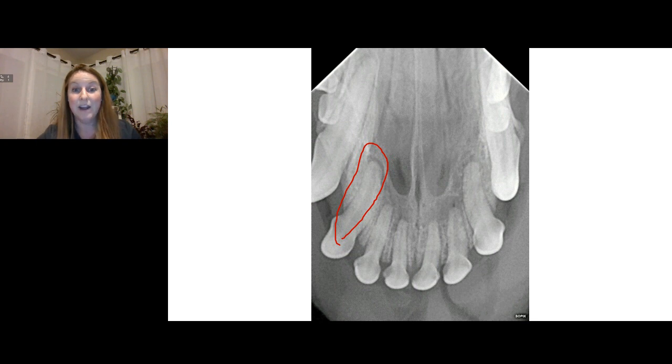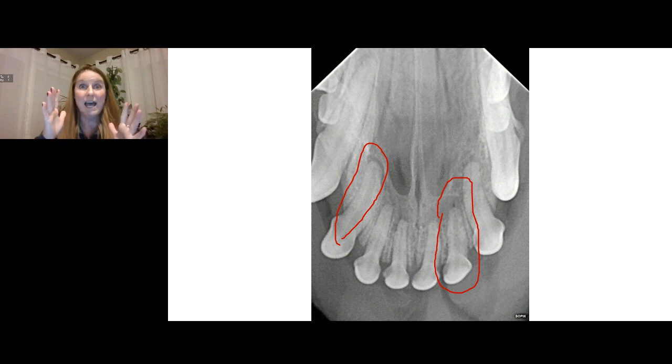Anytime that we have an apparent widening of the pulp chamber, so remember I said that the pulp lays down dentin throughout the life of the tooth. So if we have arrested development of these teeth, that means that they stopped developing, then the pulp chamber stays where it was. And what that means is that it doesn't get any smaller as the rest of the teeth around it continue to have that narrowing of the pulp.